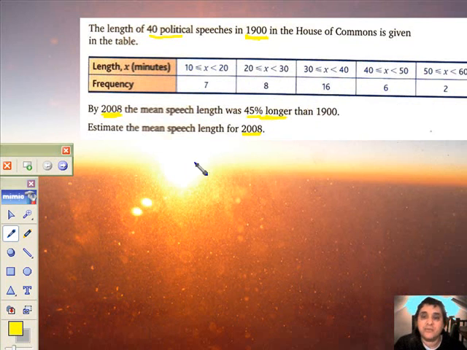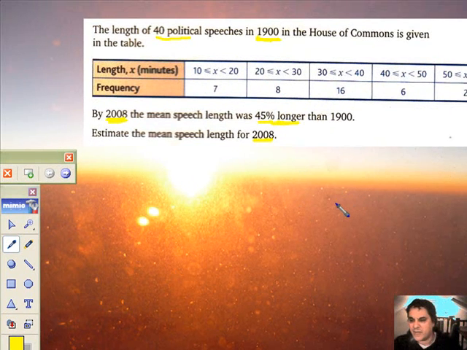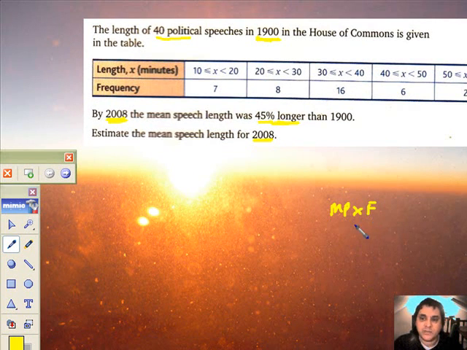How do you work out the mean of group data? Well, it would be the midpoint times the frequency. Now, never copy out the table and expect to get marks, but you can do the midpoint times the frequency, and that shorthand is acceptable because you're about to show the examiner what you mean by midpoint times frequency. So between 10 and 20 I've got 7 speeches, 10 and 20 minutes.